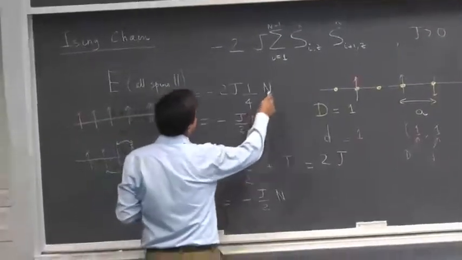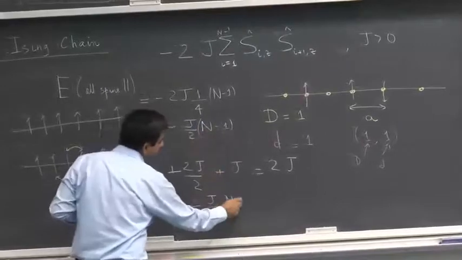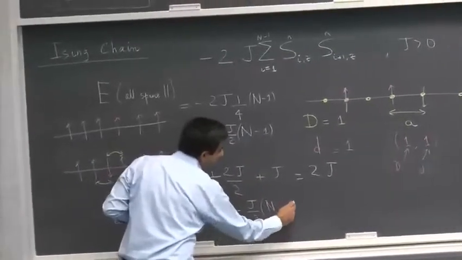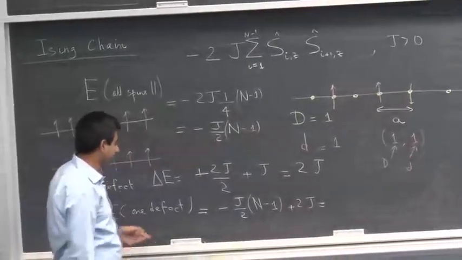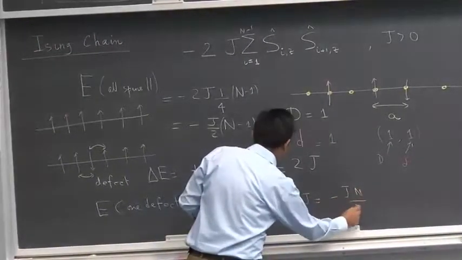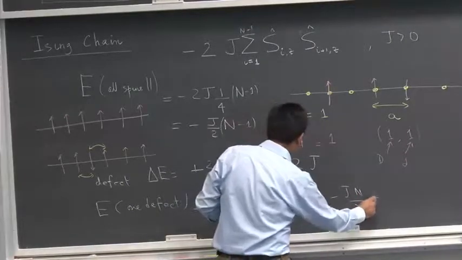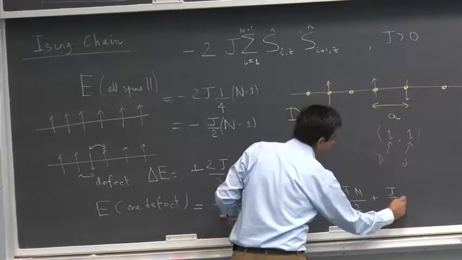Okay, let's call this n minus 1, doesn't matter. So it's minus J over 2 (n minus 1) plus 2J. So this becomes minus J n over 2 plus J over 2 plus 2J.